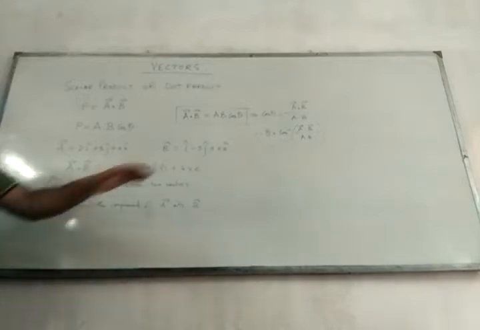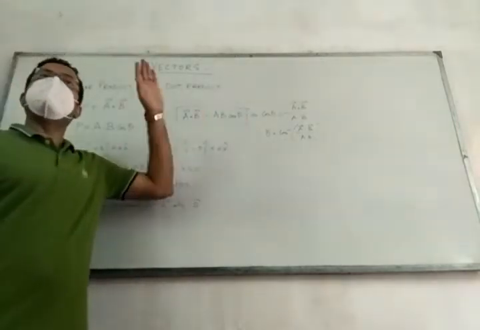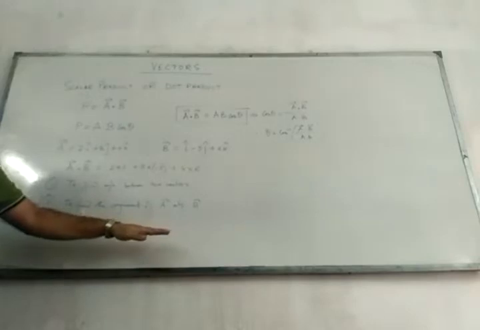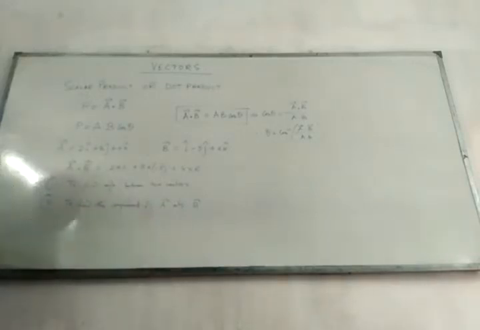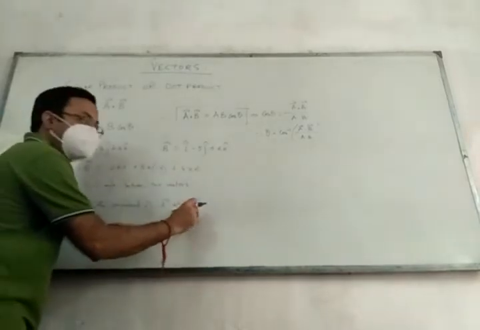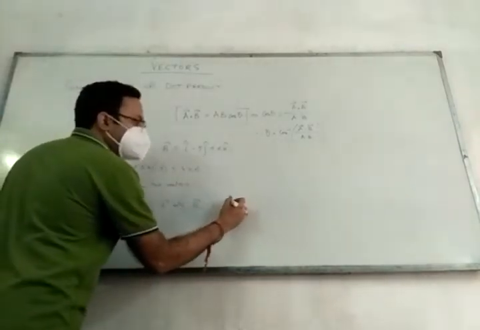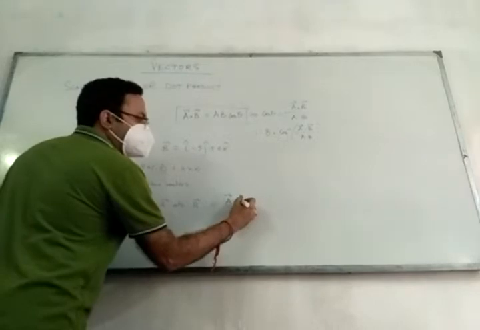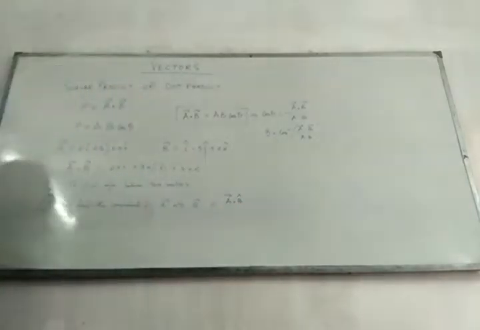Since we can find the value of cos theta from the dot product, we can use this to find the component also when they are given in IJK form. To find the component of A along B, what do you do? It is the dot product of A and B cap. Now, wonder why? Very simple.